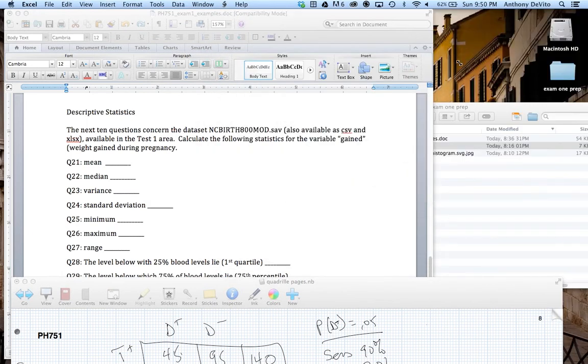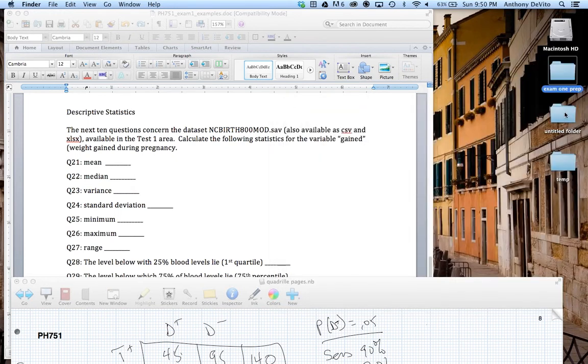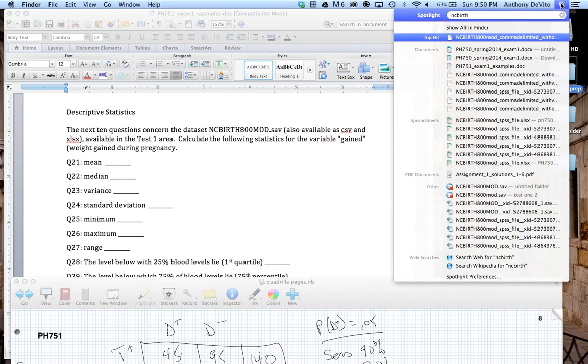Let me get this out of the way. I need to get to my folder here. Where did I put it? Oh my goodness. I put the NC Birth 800 mod.